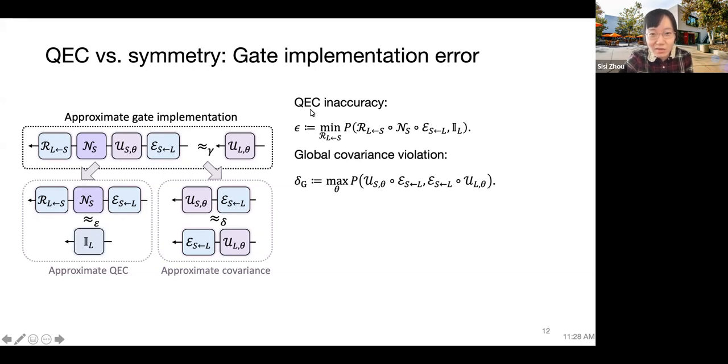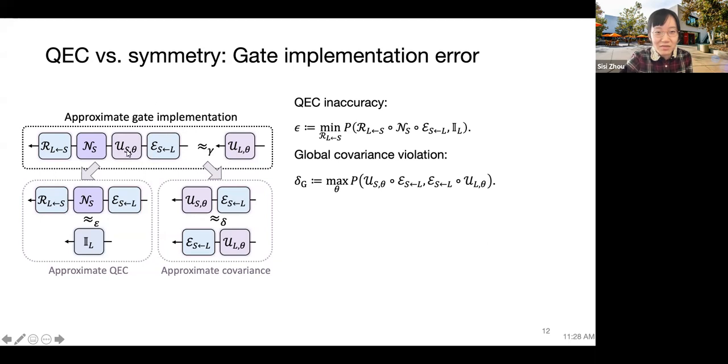Recall that the definition of QEC accuracy is the difference between this error correction procedure and the identity, and the non-commutativity of this Hamiltonian evolution with the encoding is used to define the global covariance violation. We can combine these two together, which gives us what we call the approximate gate implementation. Basically, we are trying to implement the logical Hamiltonian evolution, but what we have is this noisy channel with encoding and recovery.